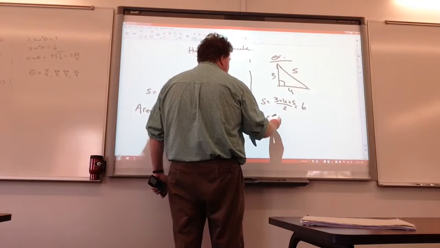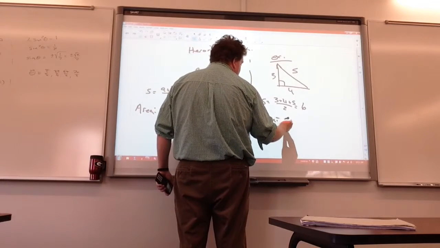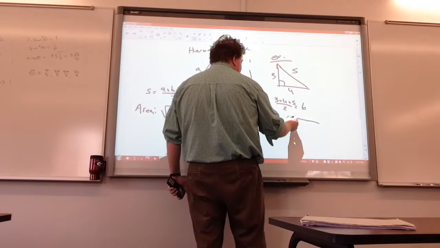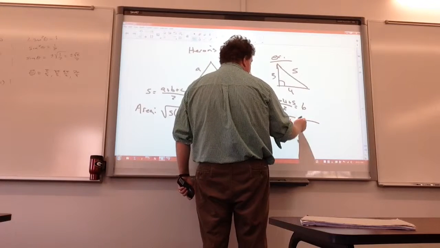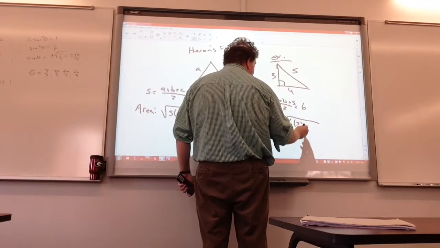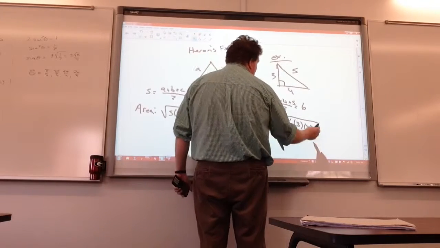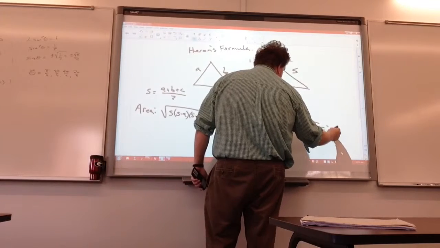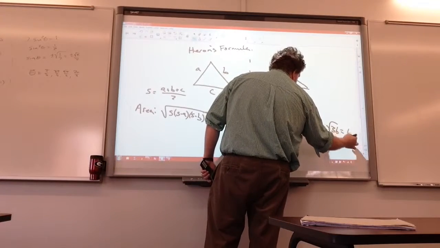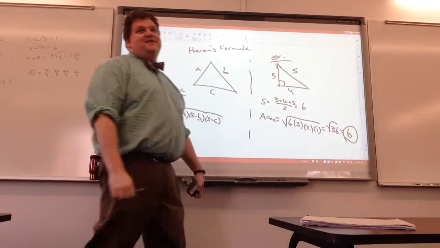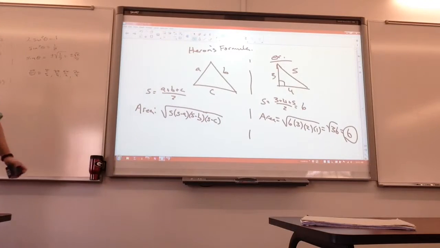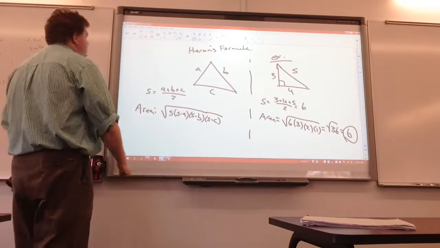Then the area should be the square root of 6 times 6 minus 3, or 3, times 6 minus 4, or 2, times 6 minus 5, or 1, which is the root of 36, which gives us the correct area of 6. So that was nice for that right triangle, but what if I had any random weird triangle?